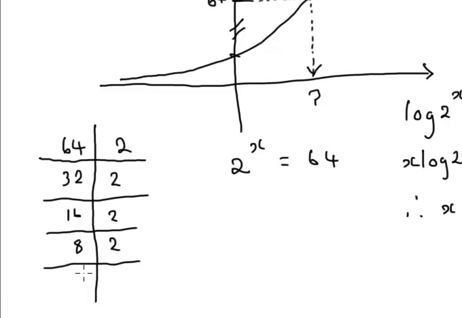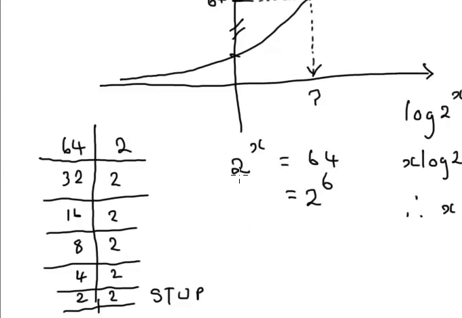I divide by 2, I get 4. I divide by 2, I get 2. I divide by 2, and once you see a 1 coming up as an answer, it says stop. Then it says 64 is 2 to the power 1, 2, 3, 4, 5, 6. Then I compare: the bases are the same, so the exponents are the same. Therefore, x is equal to 6.